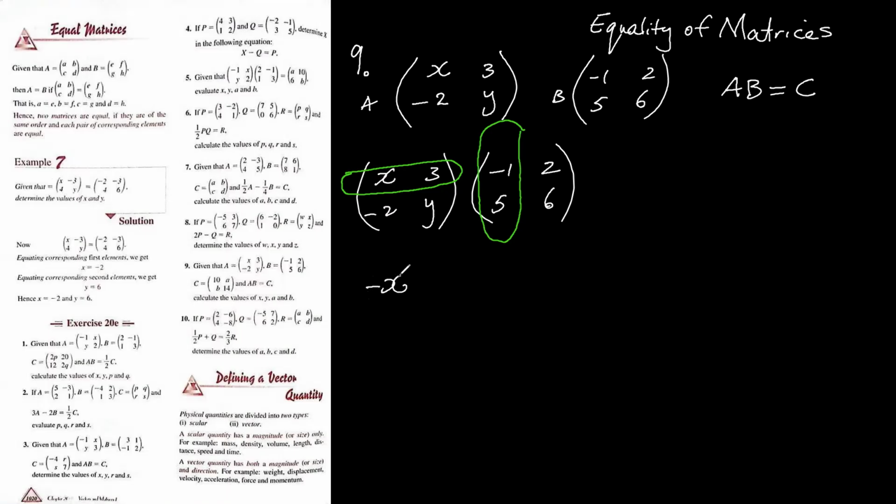I prefer if you just multiply it in your head instead of writing x times -1. Use a calculator, try to work it out immediately. Then the second number is 3, and you're multiplying it by the second number in this first column. So 3 times 5 is 15.